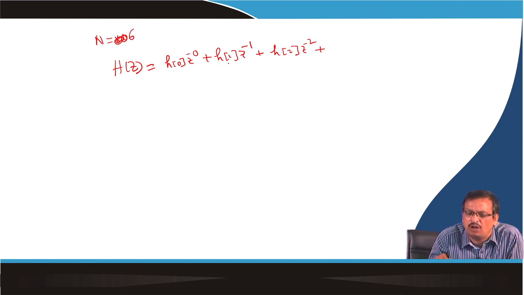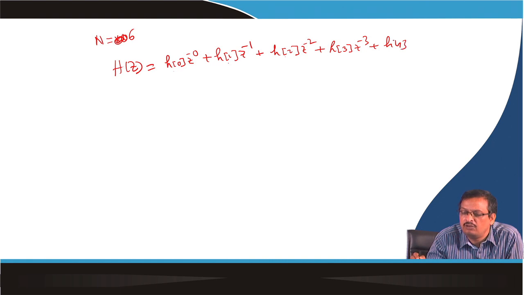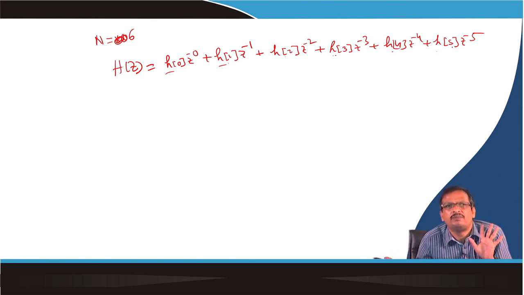So, 0, 1, 2, 3 is there. So, H3 z to the power minus 3 plus H4 z to the power minus 4 plus H5 z to the power minus 5. So, if you see 1, 2, 3, 4, 5, 6, so 6 is the order.